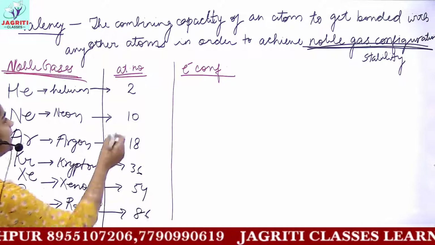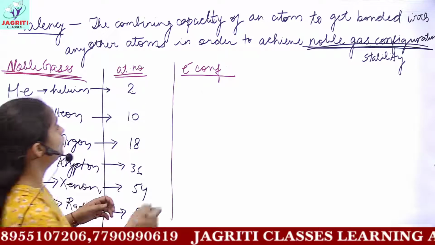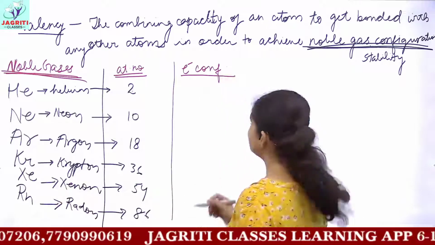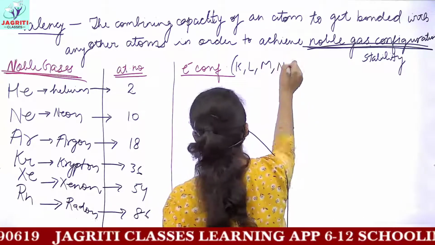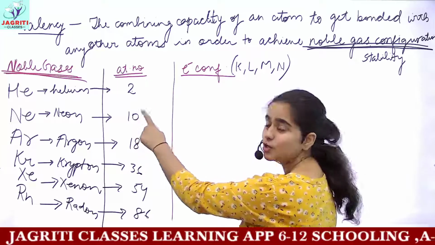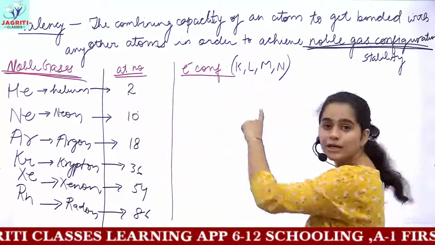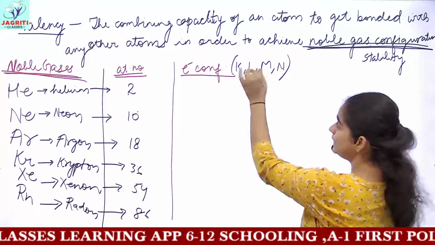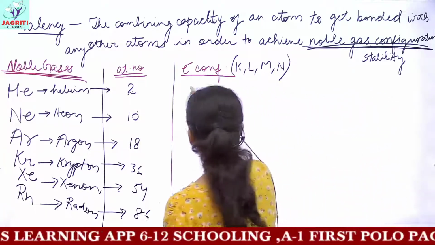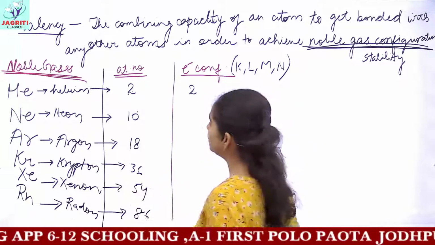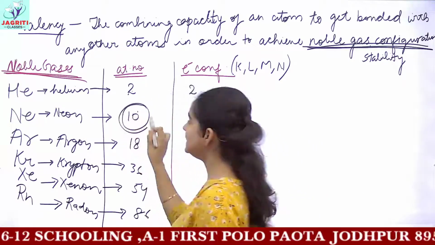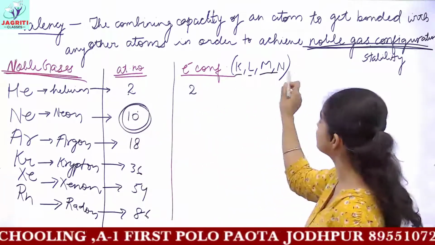Now you can try to arrange the electrons, or write the electronic configuration in the various shells, that is K, L, M and N shells. For helium's two electrons, both will go into the K shell, so the electronic configuration is just 2. Moving on to neon, how can you arrange these 10 electrons in the different shells?